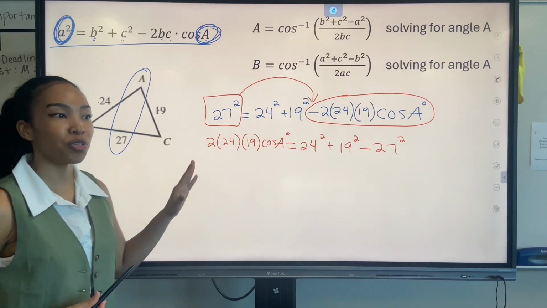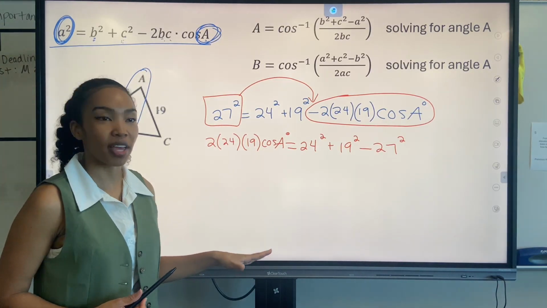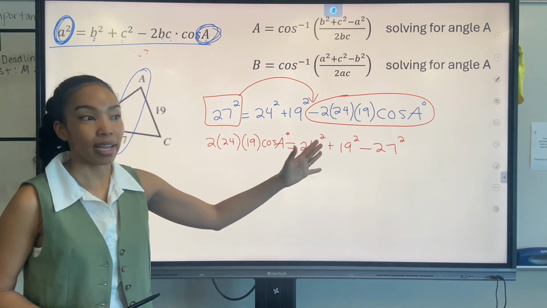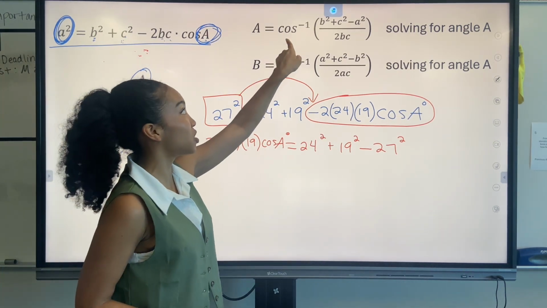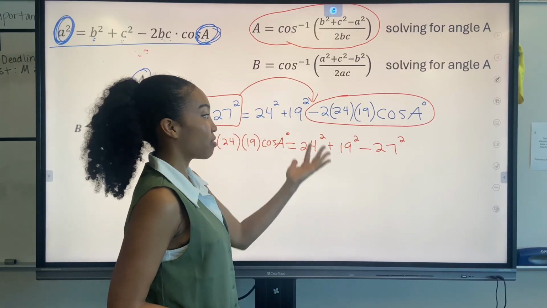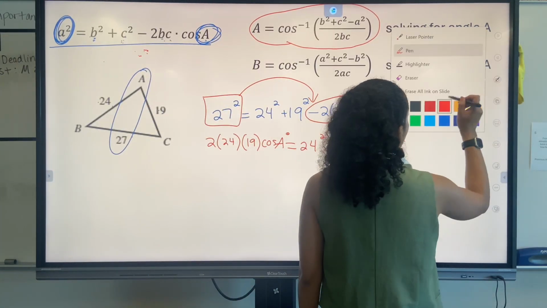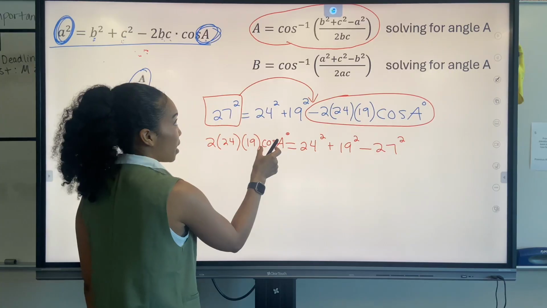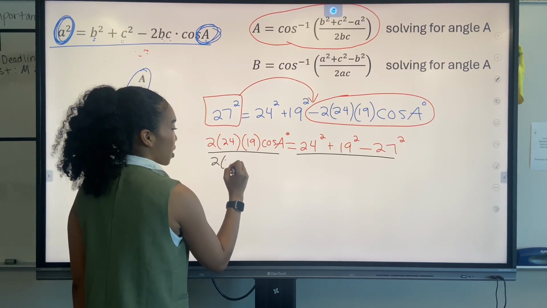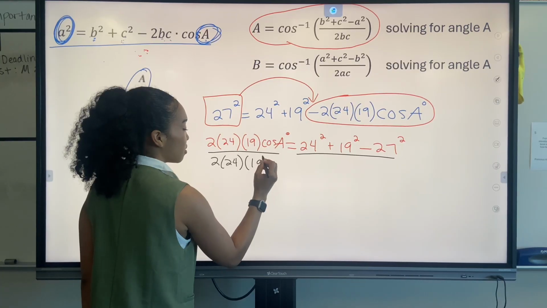And guys, I'm showing you the algebraic way so that you can just memorize one formula and get what you need. Now, if you want to, you could just plug it directly into this formula right here. We're going to end up with this at the very end. So notice, to get cosine of A by itself, you just divide both sides by 2 times 24 times 19.